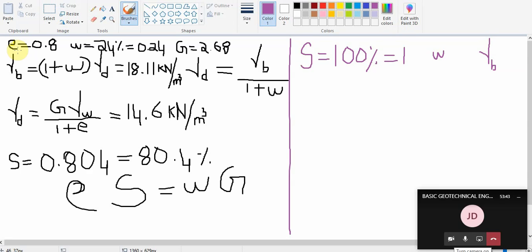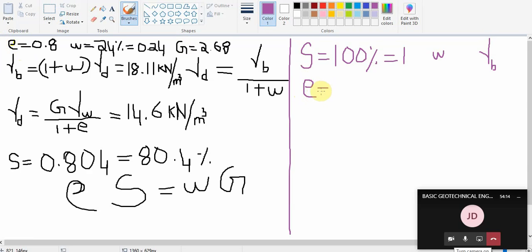When you are adding water to those empty spaces, will the volume of that space remain constant or will it change? It will remain constant. You are just filling that space with water. You are not changing the volume of that space. So when you add water to the soil, the volume of the voids will not change. It will be constant, and hence voids ratio will also be same.